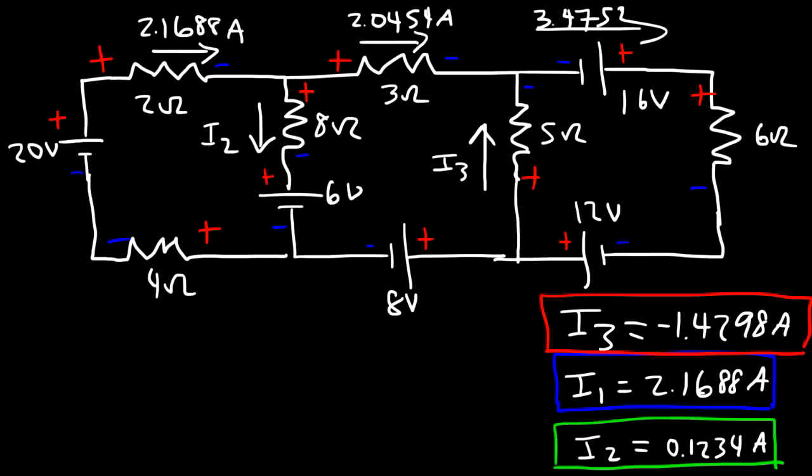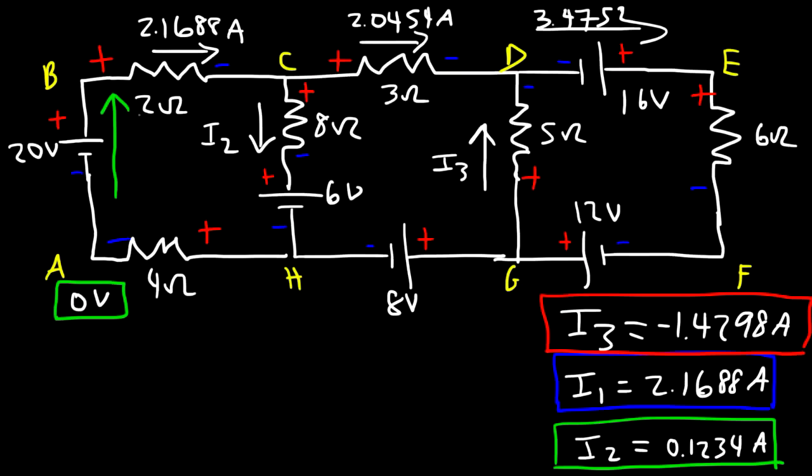So now that we have all the appropriate signs, let's calculate the potential at every point. We're going to assume point A is 0. This is B, C, D, E, F, G, and H. So if the potential is 0 at A, what is it going to be at B? So going in this direction, we have a voltage lift of 20 volts.